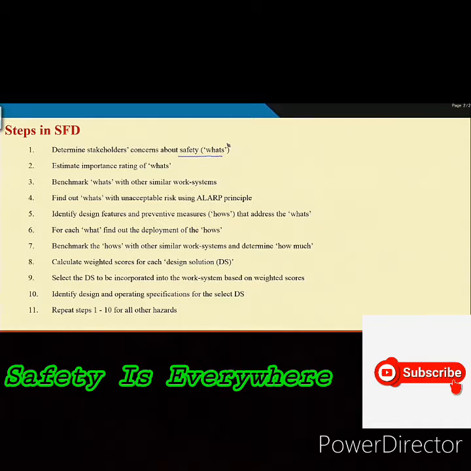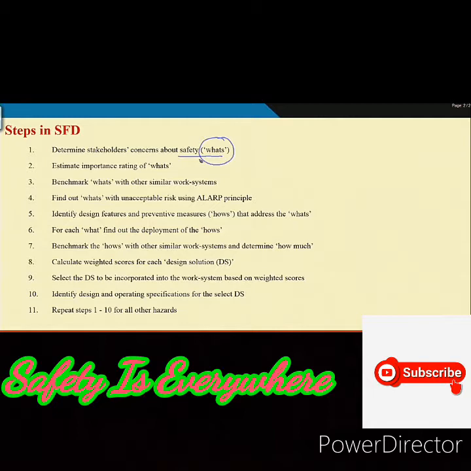Concern, in QFD terminology, is the whats, but in our terminology these are nothing but the accident scenarios. So, determine stakeholder concern about safety, that is the whats. Suppose you are the worker or the supervisor there, what will be your concern? Definitely you do not want any accident, no accident scenario is permitted. So, that is your concern.